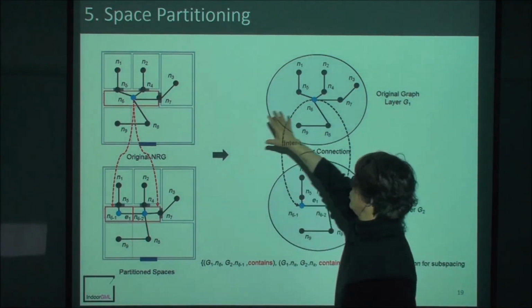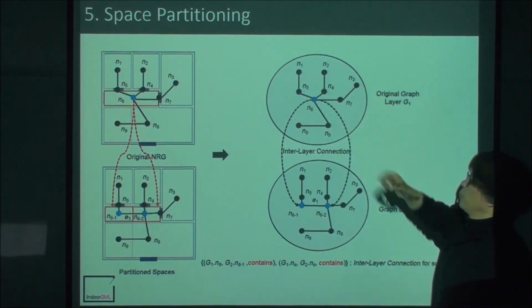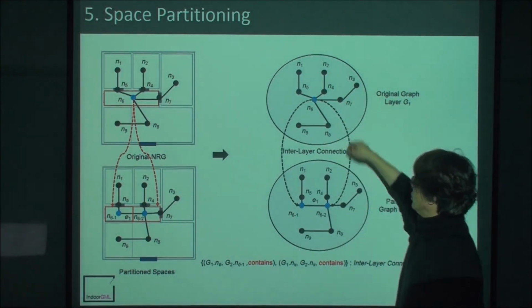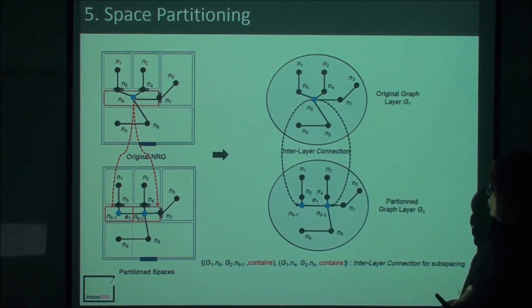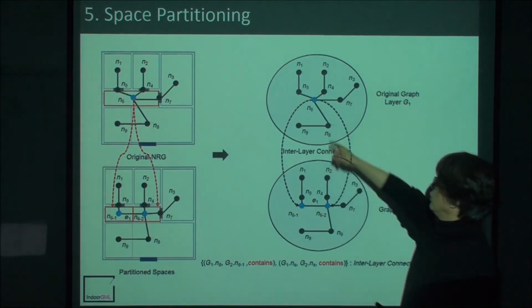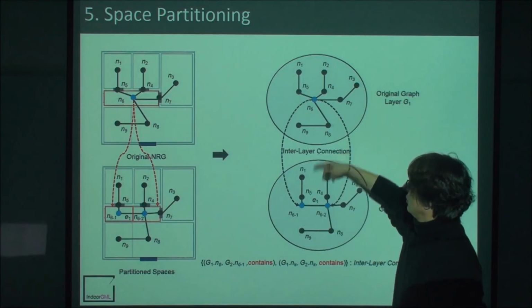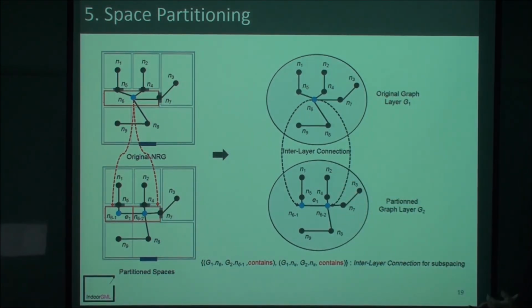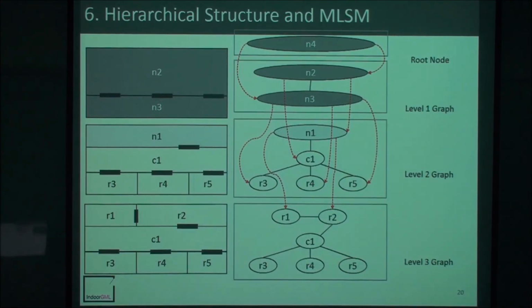Then, for each partitioning, we can construct one single layer and make a correspondence between the partitioned cells by using interlayer connection.